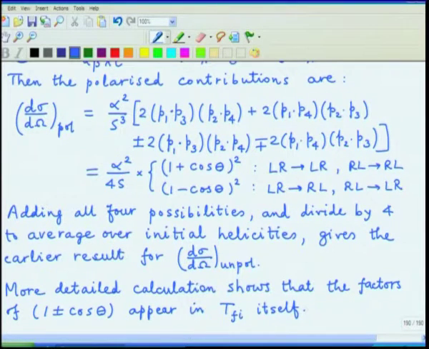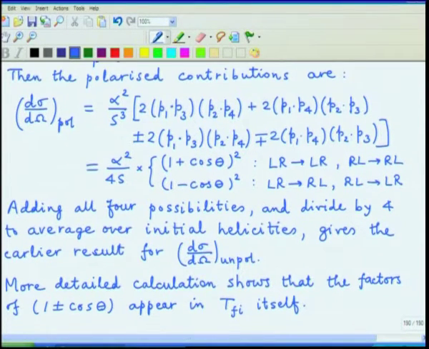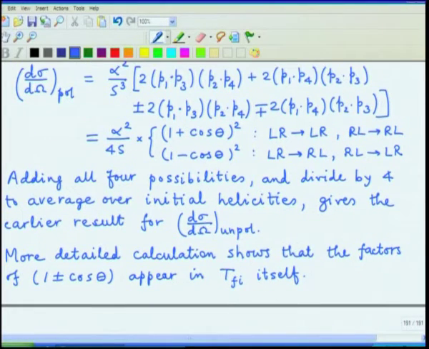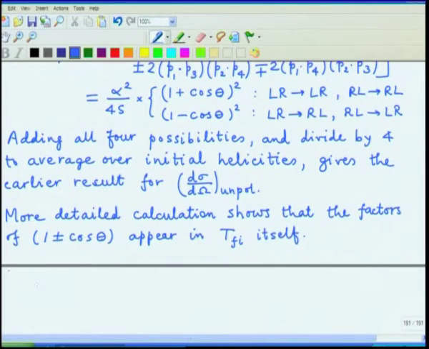So, that is one feature, and the other feature which is buried inside this factor is also quite easy to notice, and that is a consequence of the total angular momentum conservation.